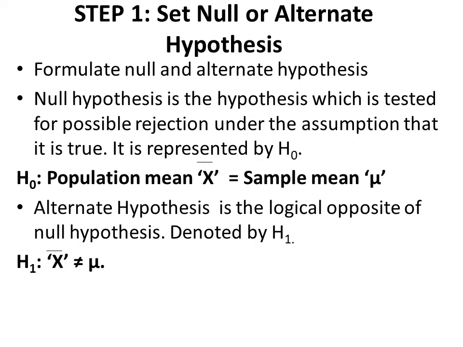In this, we had taken an example which says the population mean x bar is equal to the sample mean mu. Coming on to alternate hypothesis, it is a logical opposite of your null hypothesis. Whatever your null hypothesis says, the alternate hypothesis is the opposite of that. It is denoted by H1. In the example, we have said that H1 is such that the population mean x bar is not equal to mu.